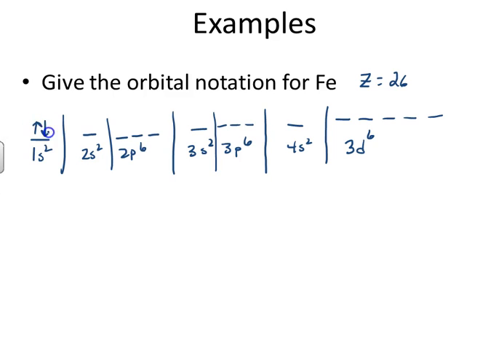S2, S2, P: 1, 2, 3, 4, 5, 6. S2, P: 1, 2, 3, 4, 5, 6. S2, 1 up, 1 down, and then D5, we've got up, 2, 3, 4, 5, and then a 6th electron.